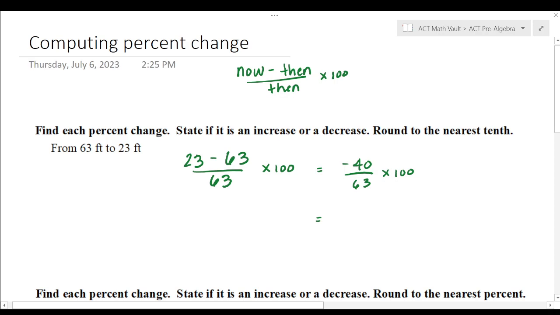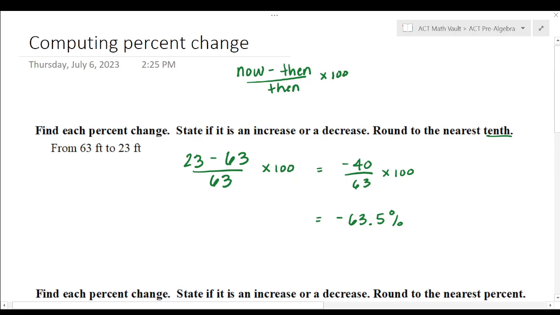This is where we want our calculator. We need it to be exact, so you definitely want a calculator. And then I'm getting negative 0.6349 and so on, times 100 is then negative 63 point what? Tenth. Here's tenth. So I'm going to say 0.5%.